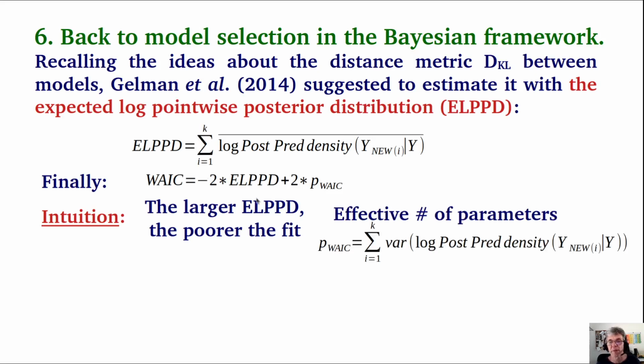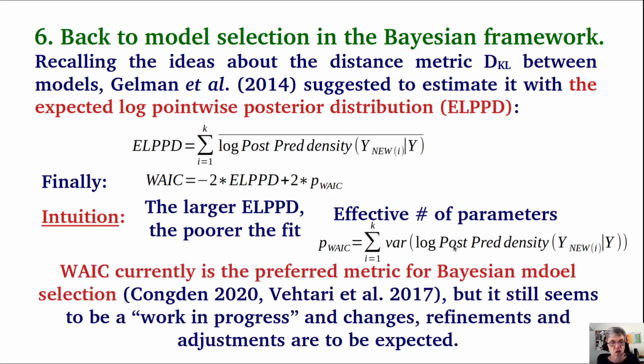And the effective number of parameters, one of the ways of estimating this is using the variance of this pointwise log posterior predictive density. So the WAIC is currently the preferred measure, as far as I can tell, used in Bayesian model selection. But in fairness, it seems to me that this is an area where there is a lot of work in progress, and changes, refinements, and adjustments are to be expected in coming years.